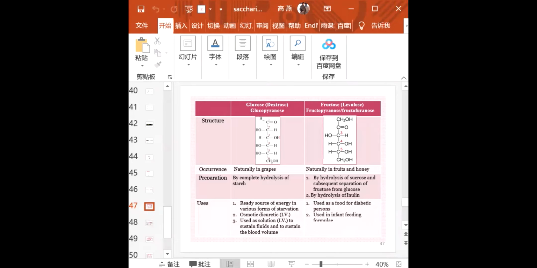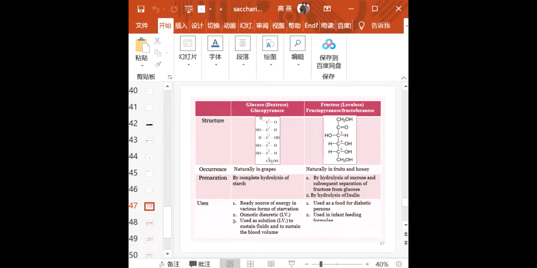Okay. And so actually, just like we talked about, in Chinese most of the names of saccharides are derived from natural sources. So glucose is 葡萄糖, and 葡萄 means grape, its natural source.